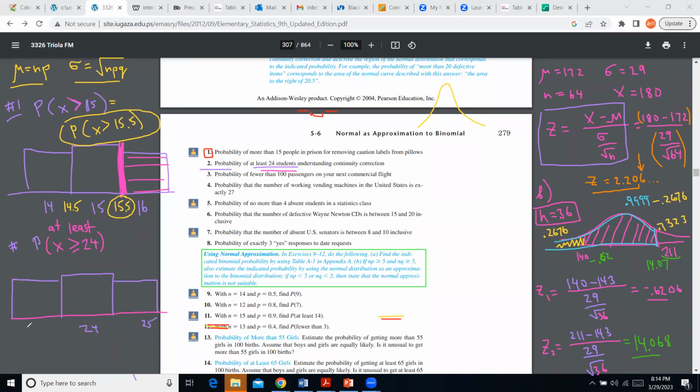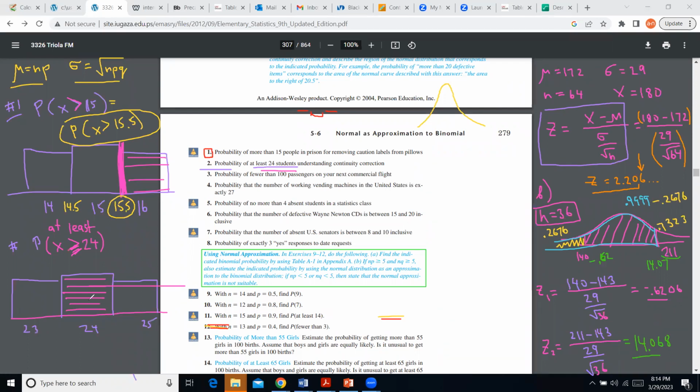So we need to now decide what is going on with that picture. Well, we have here an equal sign, right? It could be equal to 24. So I include 24 with the bar that corresponds to it.